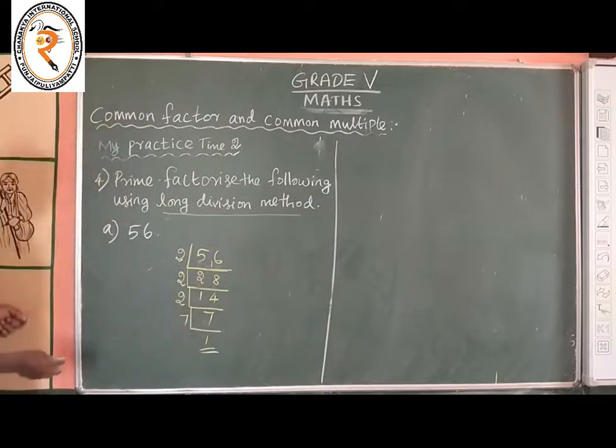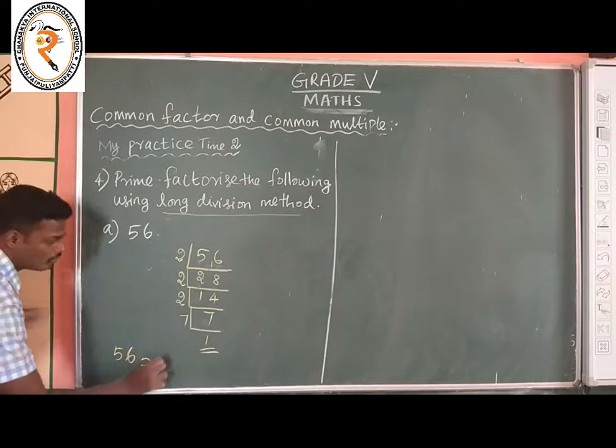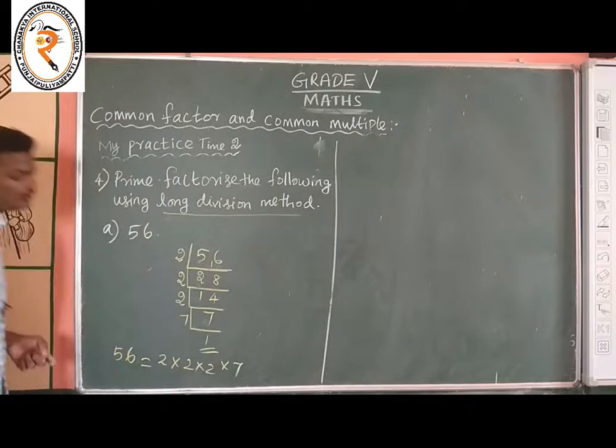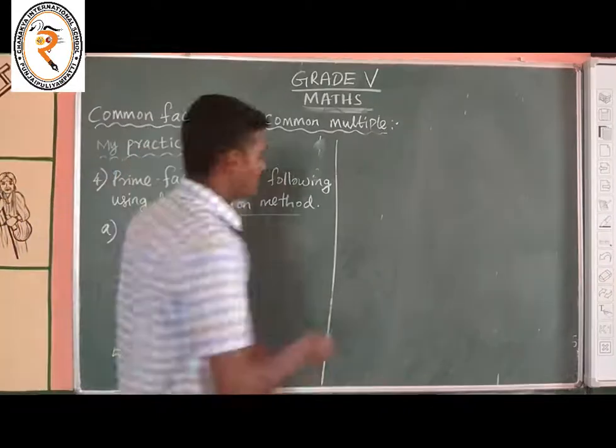Therefore the final answer is 56 equals 2 into 2 into 2 into 7.